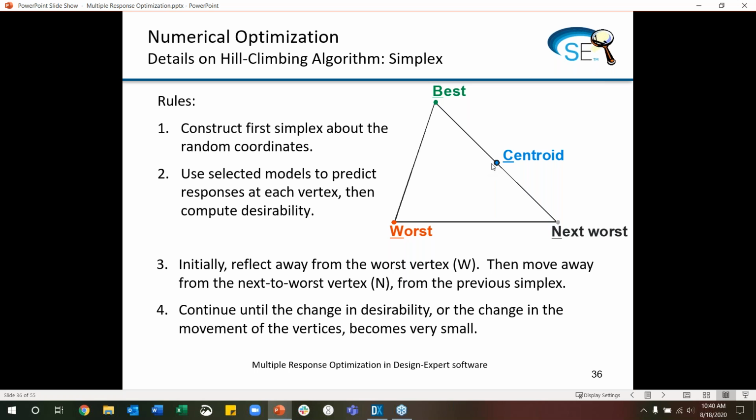We're going to take a big step away from the worst vertex. So from this worst, we would actually take a step that would be over here to the right of the centroid.